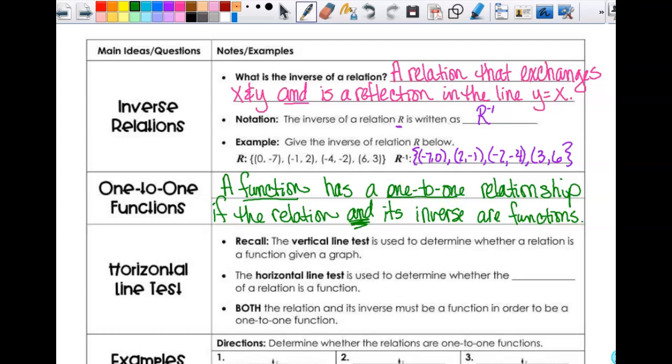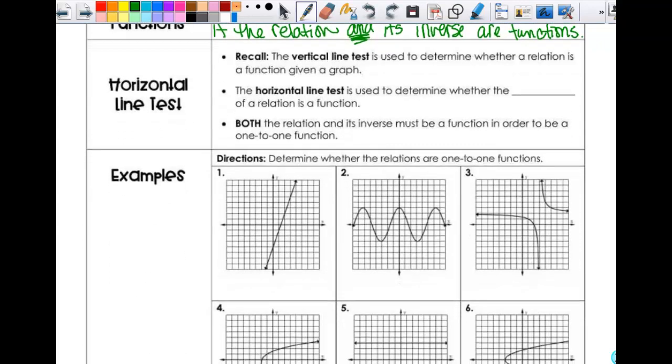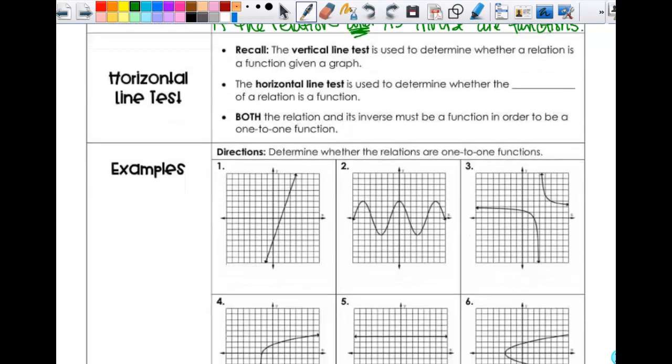Okay? One-to-one. So it works along the same lines as like the vertical line test. So it says recall. Recall meaning we already know this. The vertical line test is used to determine whether a relation is a function given a graph. So then we have the horizontal line test. Okay? It's used to determine whether the inverse of a relation is a function.